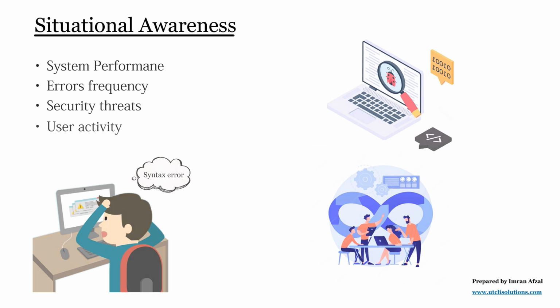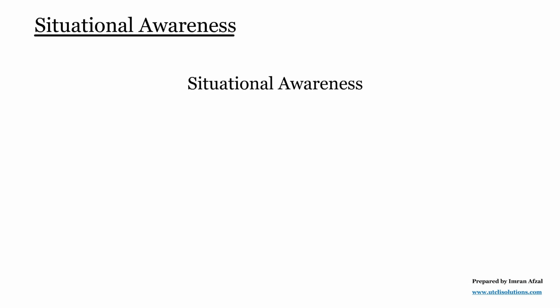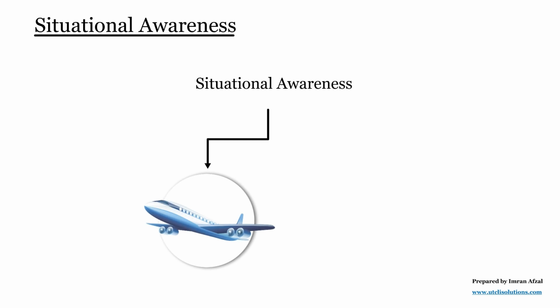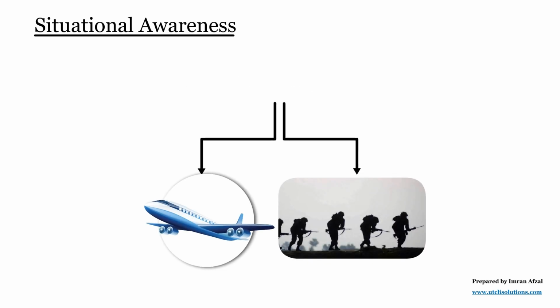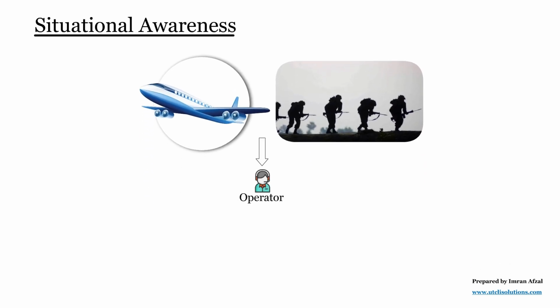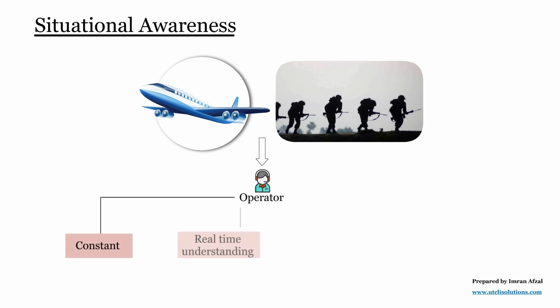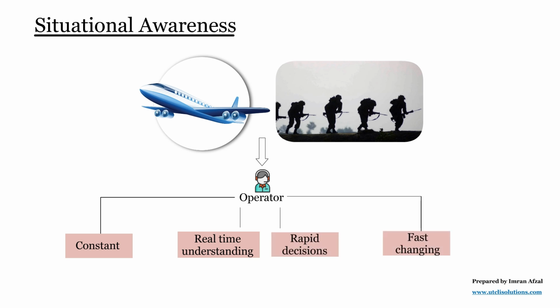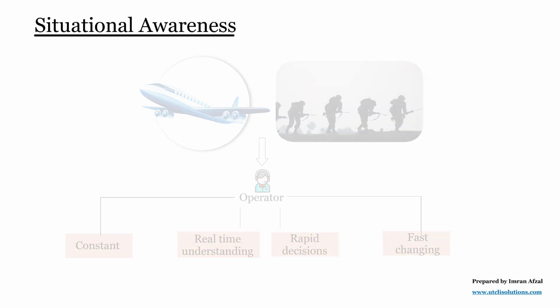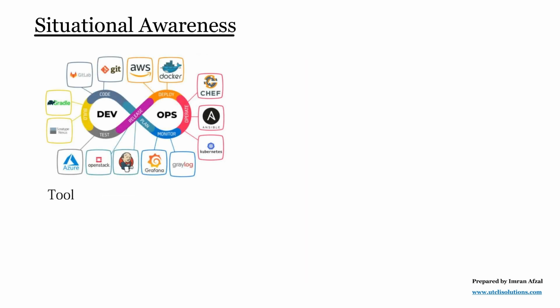Okay, another thing, the concept of situational awareness originally comes from fields like aviation and military, where operators must maintain a constant, real time understanding of many factors to make rapid decisions in complex and fast changing environments.